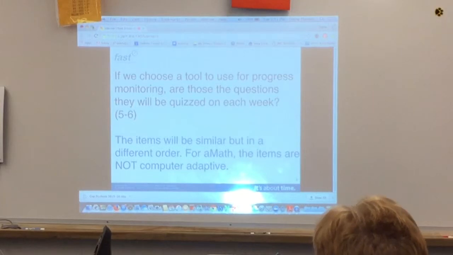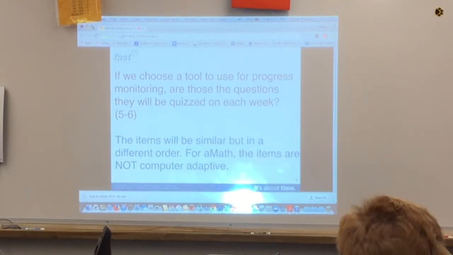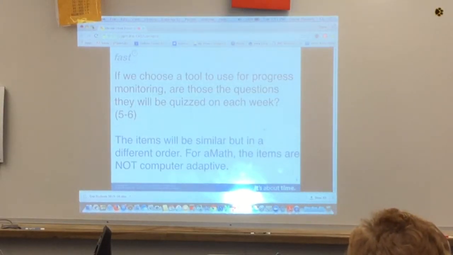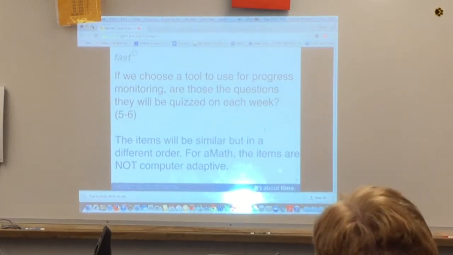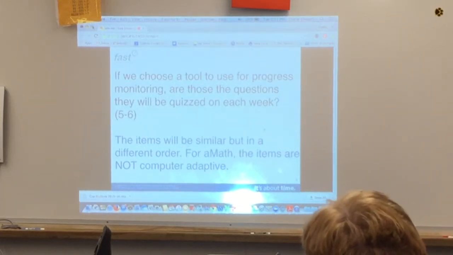Okay. Fifth and sixth asked, if we choose a tool to use for progress monitoring, are those the questions they'll be quizzed on each week? It depends on the measure. Typically, the items are going to be very similar to the items in the benchmark screening, but they're going to be in a different order. And for AMAP, if you are asking in relation to the adaptive math measure, it's a different assessment.